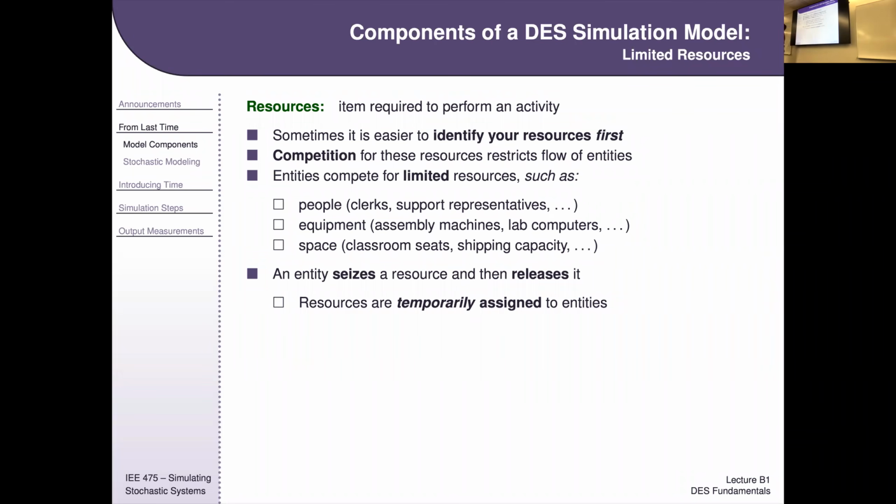Seizing and releasing are usually events that arrive to the cashier. An event kicks off seizing the cashier. The activity of checking out your groceries, when it ends, triggers an event, which then generates releasing that resource. During that activity period, the resource is temporarily assigned to the entity.